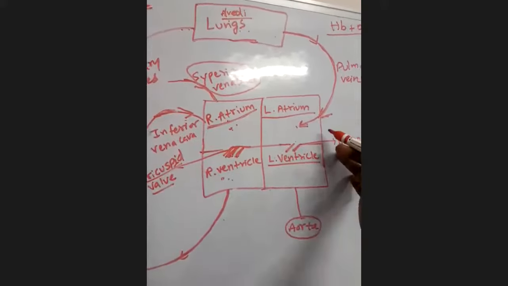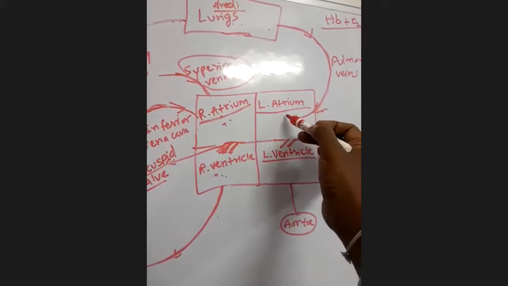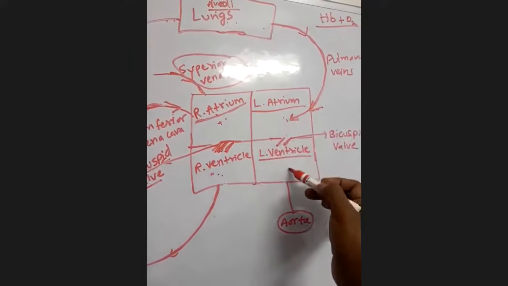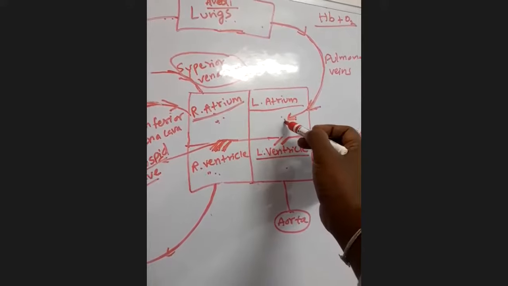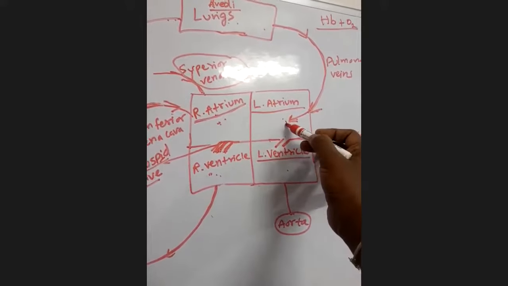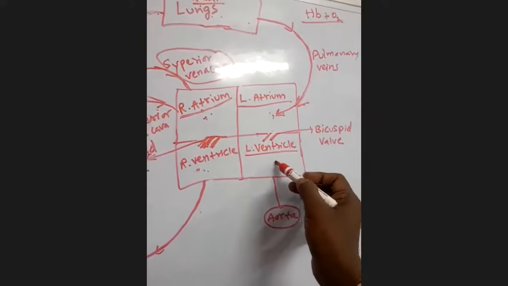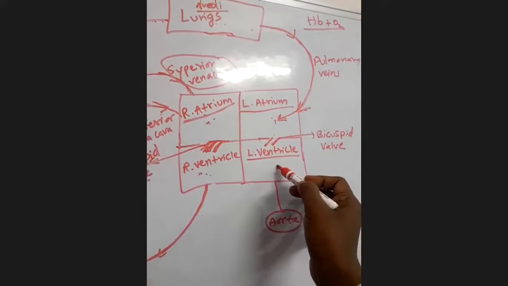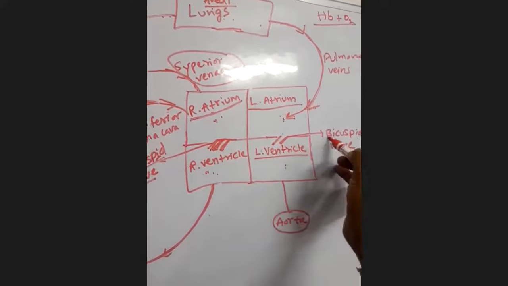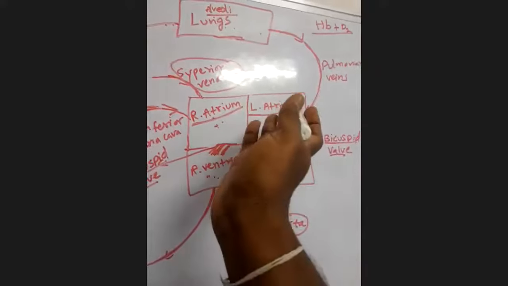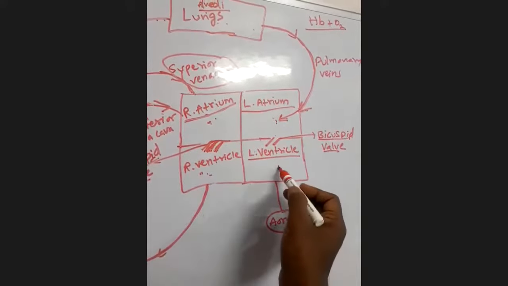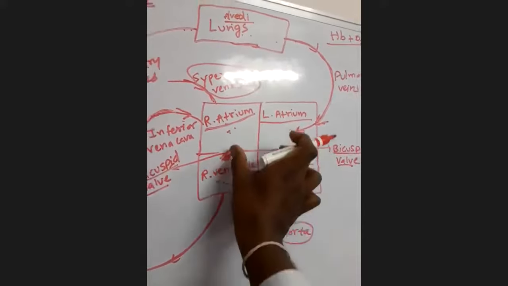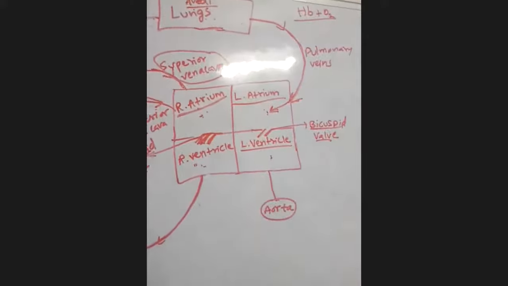And when the blood filled in the left atrium is emptied into the left ventricle, the bicuspid valve will also be closed, so that the blood in the right ventricle and left ventricle will not go in the reverse direction.